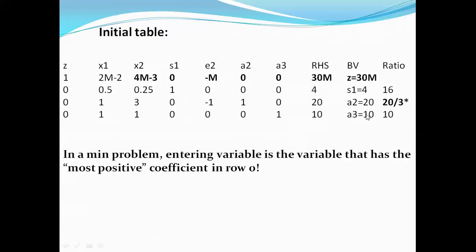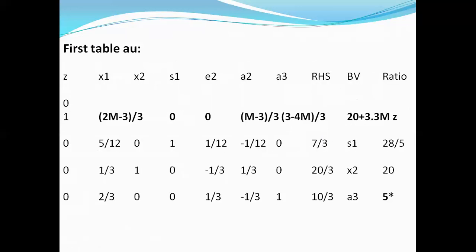calculated very easily. That is the initial table that has been tabulated here. So in a minimum problem, the entering variable is the variable that has the most positive coefficient in row 0, right? And moving on to the next one, the first step of addition, that is artificial variable 1.